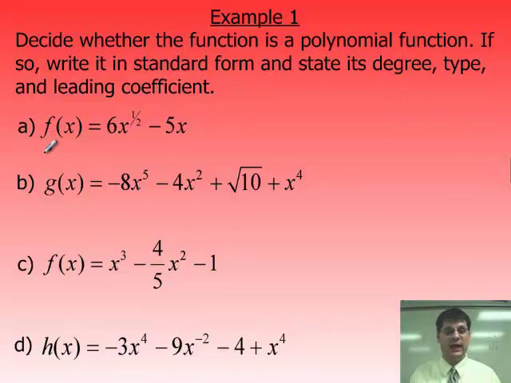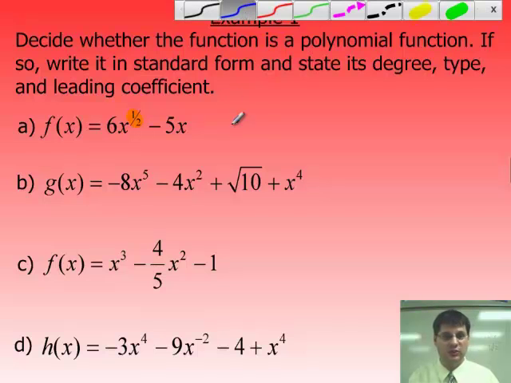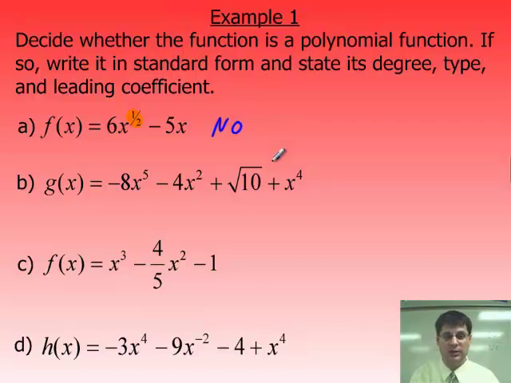So if I look at a here, this has an exponent of 1/2, and this has an exponent of 1. Because we have an exponent of 1/2 here, this is not going to be a polynomial function. So no, not a polynomial function.